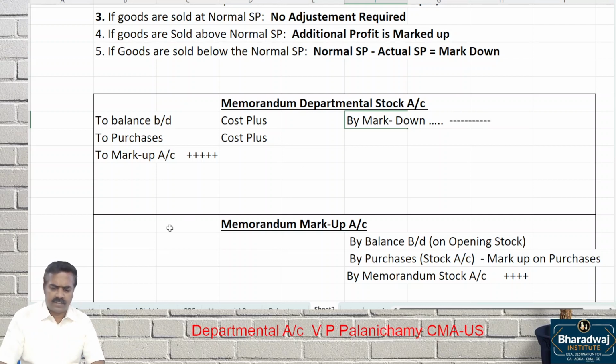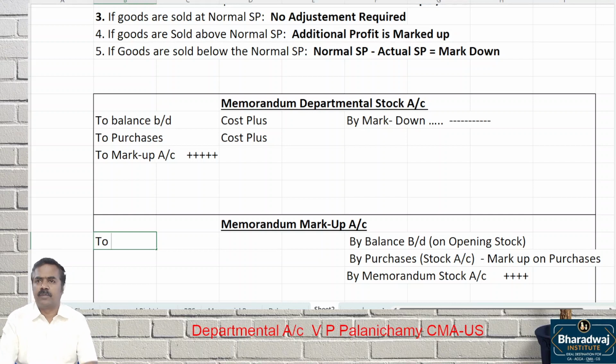We don't have a separate markdown account, so that will also be recorded in which account? The memorandum markup account. It is not a proper ledger or journal, just a memorandum book.